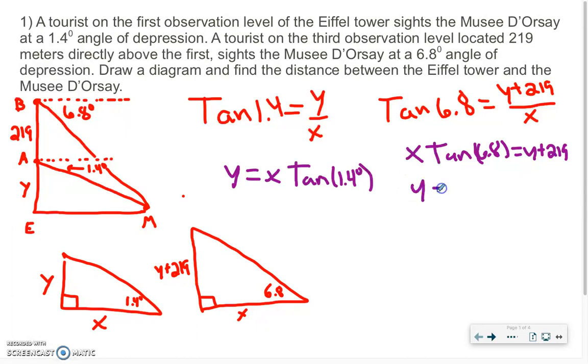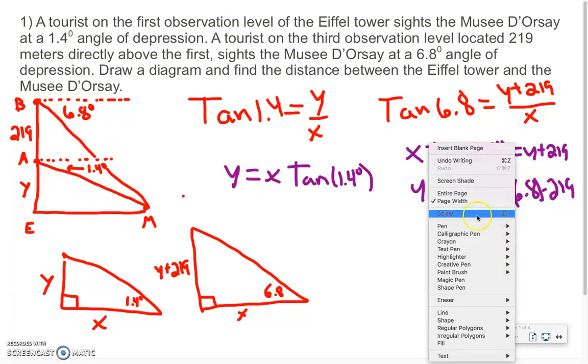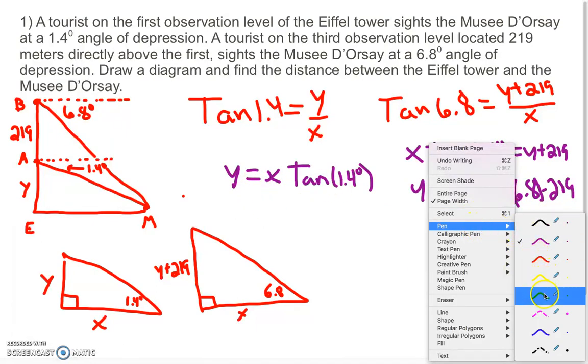So Y is equal to X times the tangent of 6.8 minus 219. Keep in mind this is a degree value. So in your calculator, we need to calculate this value before we subtract the 219. So since they're both equal to Y, let's change the color here again, change it to green.